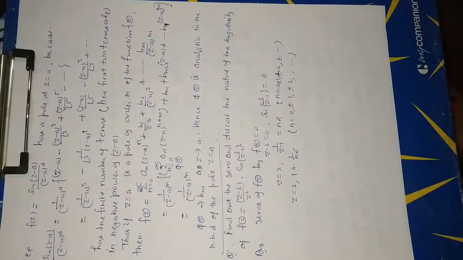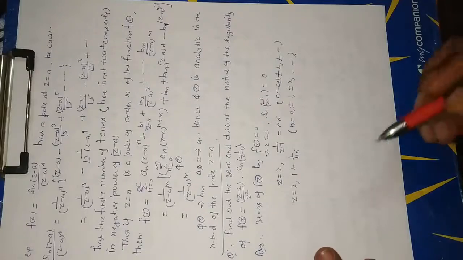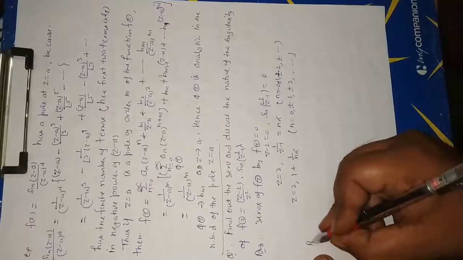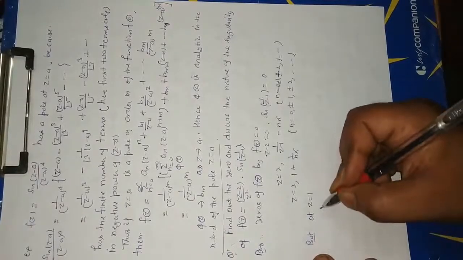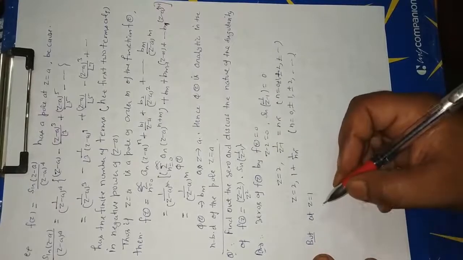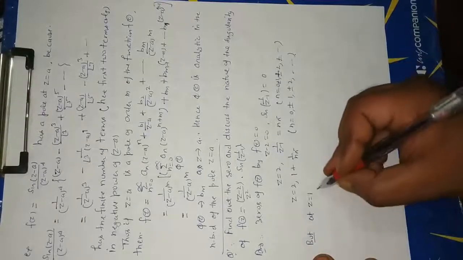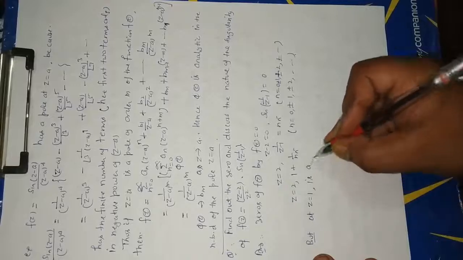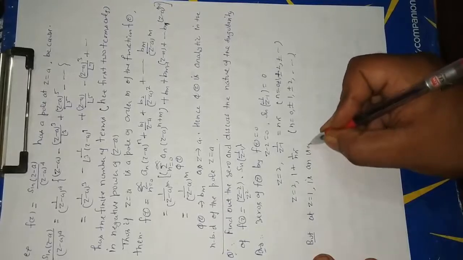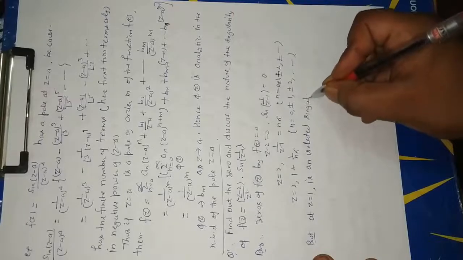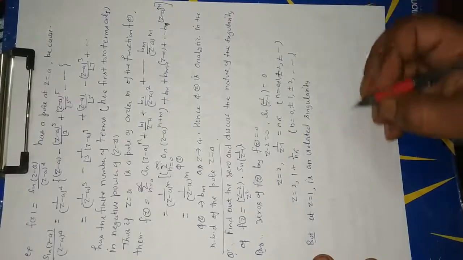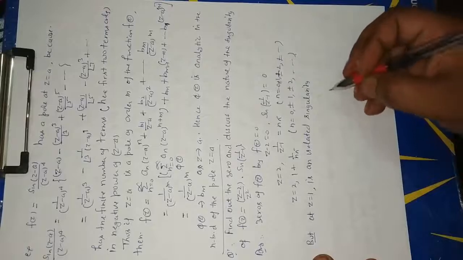Now n equal to 0, plus minus 1, plus minus 2, and so on. This is the zero of the function. But z equal to 1 is an isolated singularity. Okay.